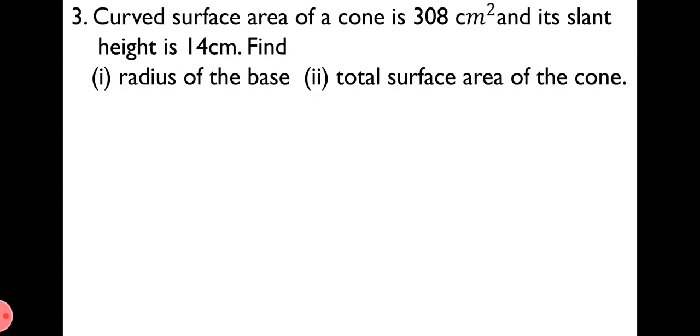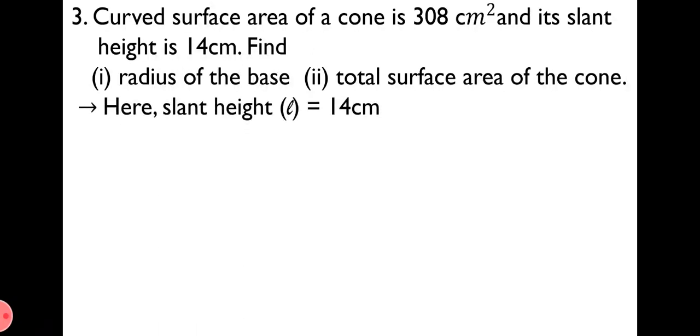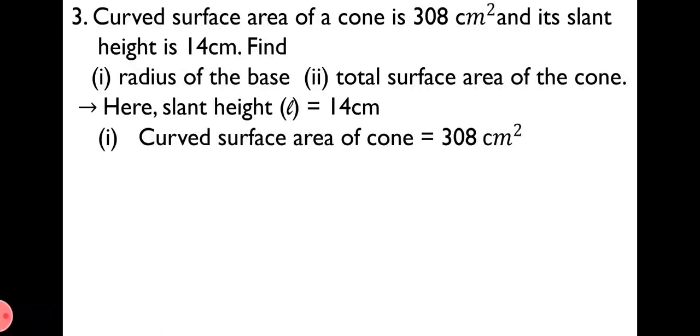Now we can easily find the radius as the curved surface area and slant height are given. So here slant height L equal to 14 centimeter, curved surface area of a cone equal to 308 centimeter square. Now we know that curved surface area formula is pi r L. So we write pi r L equal to 308.